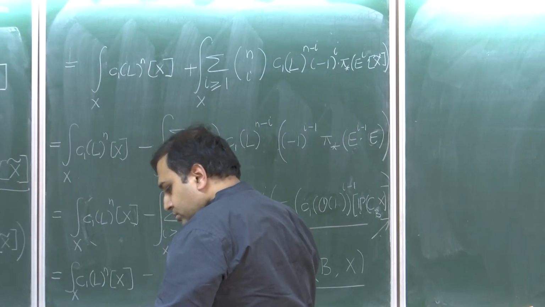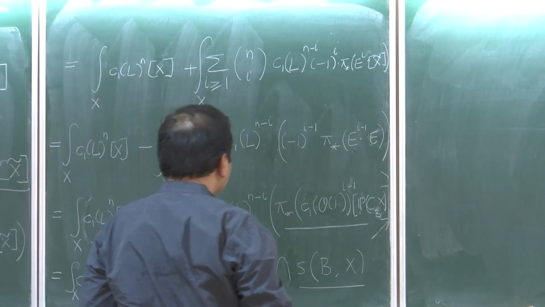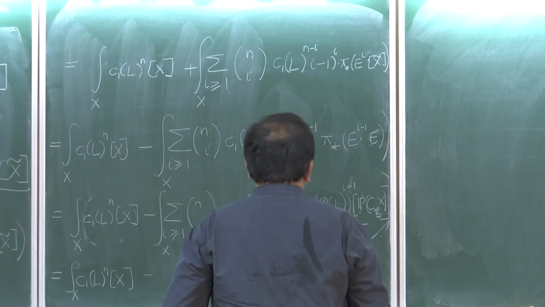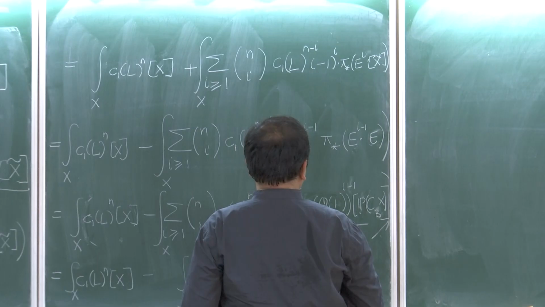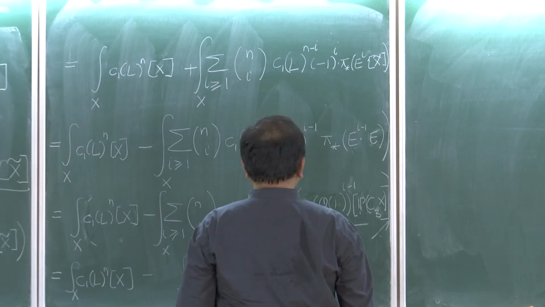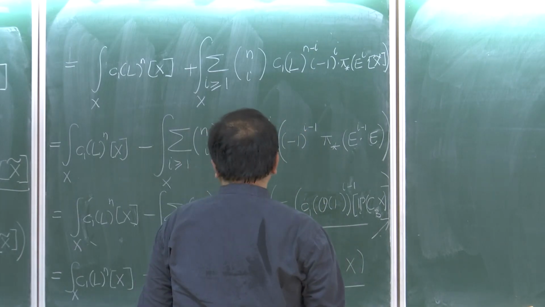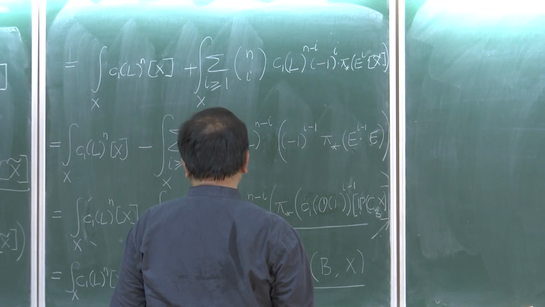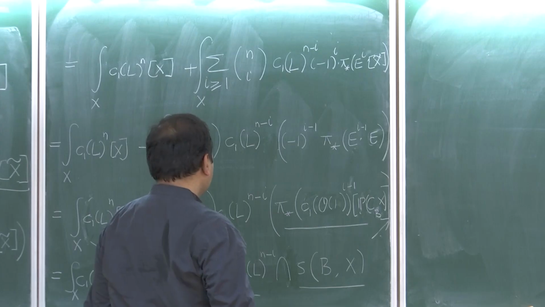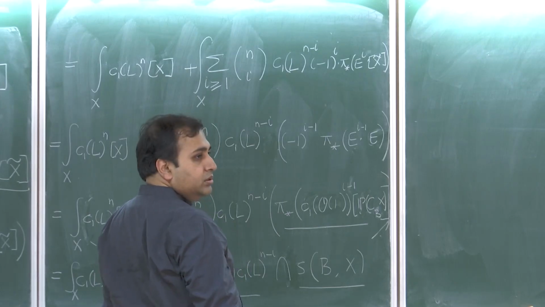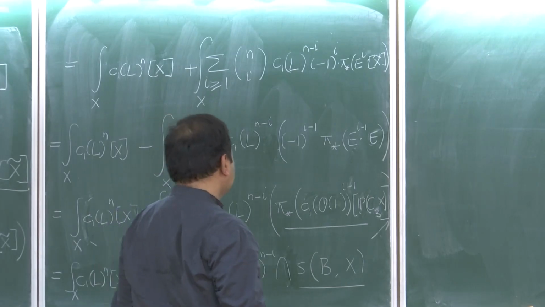Segre class is power i, even over power i. It should be power i for Segre class. No, but I mean, I see. No, that is not the issue, because I'm summing over i greater than or equal to 1. Okay. So that is not the problem.